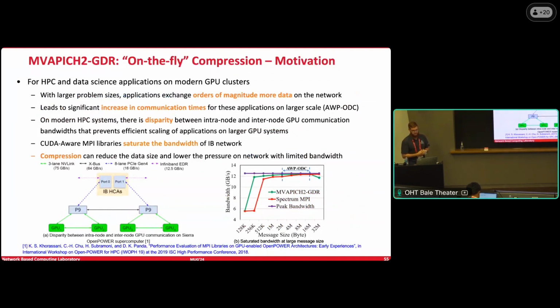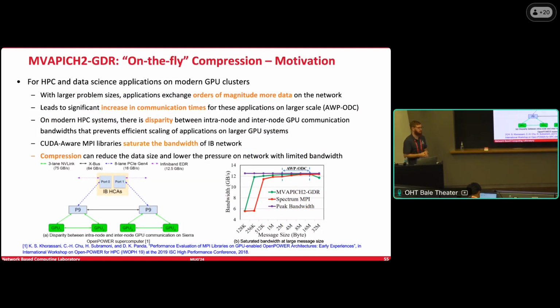So this basically allows us to improve the performance of very large messages being sent on GPUs. So GPU communication is often saturating the bandwidth of the network. And so this allows us to reduce the amount of data that we're sending through the network while still being able to achieve the same result.